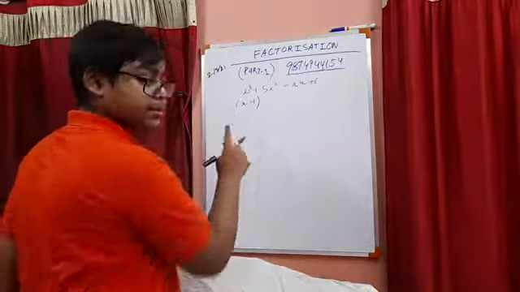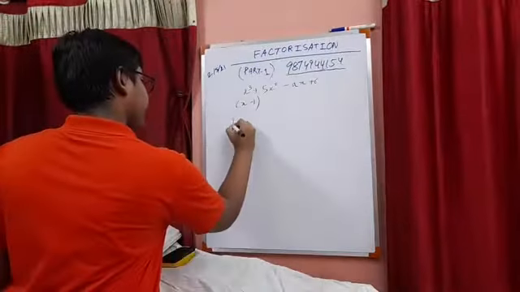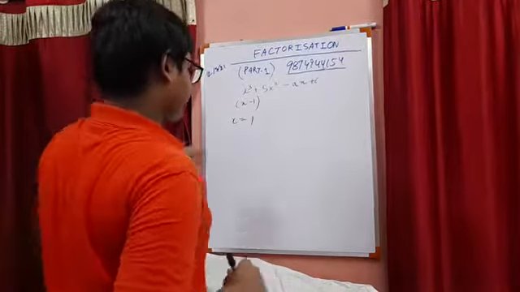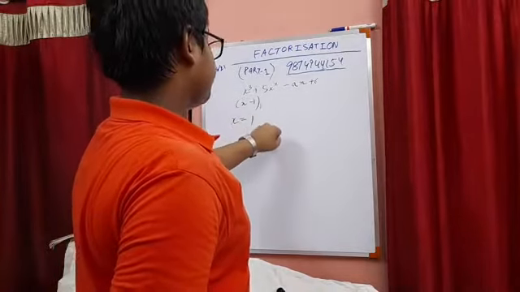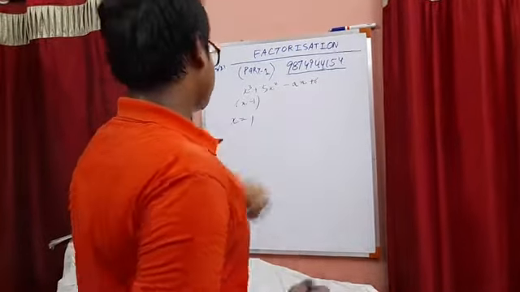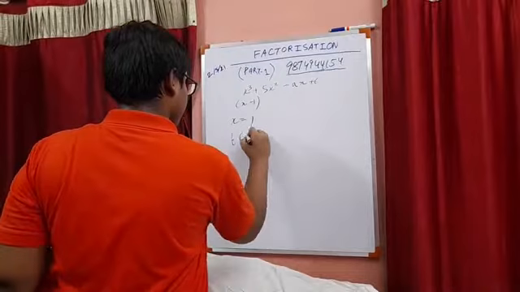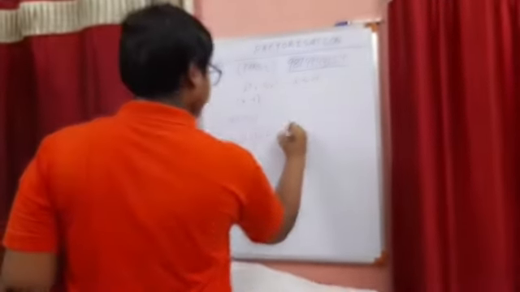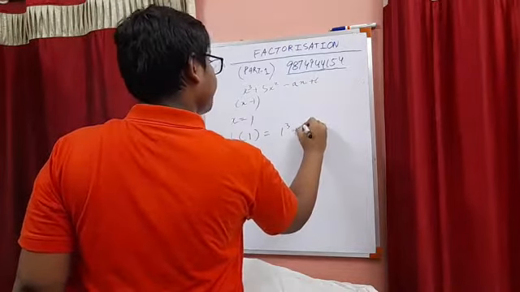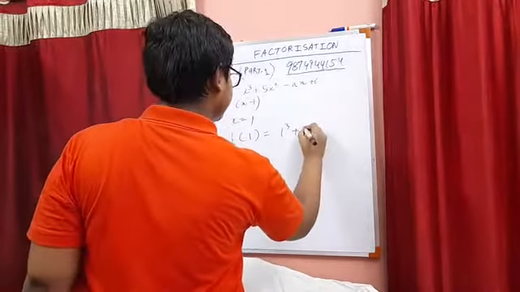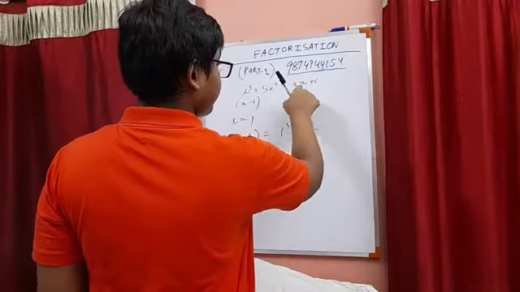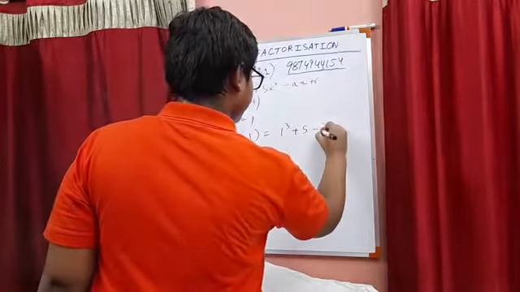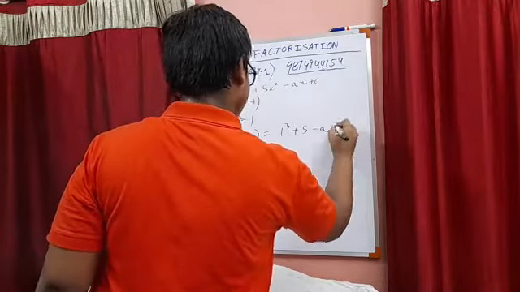So let x minus 1 be 0. Therefore x is equal to 1, and we will substitute the value of x over here. Therefore f(1) is equal to 1 plus 5, 1 square is 1 itself, minus a into 1, which will be minus a, plus 6.